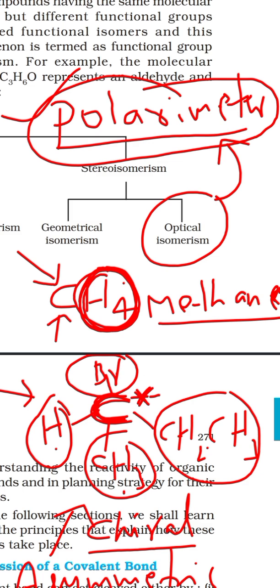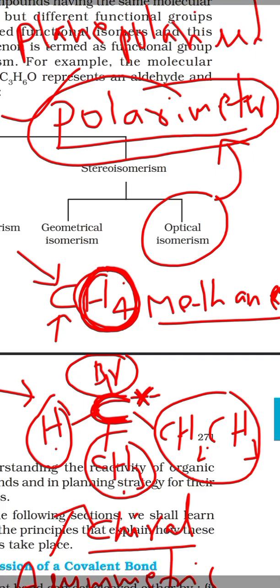Then this polarimeter generates a light called plane polarized light.